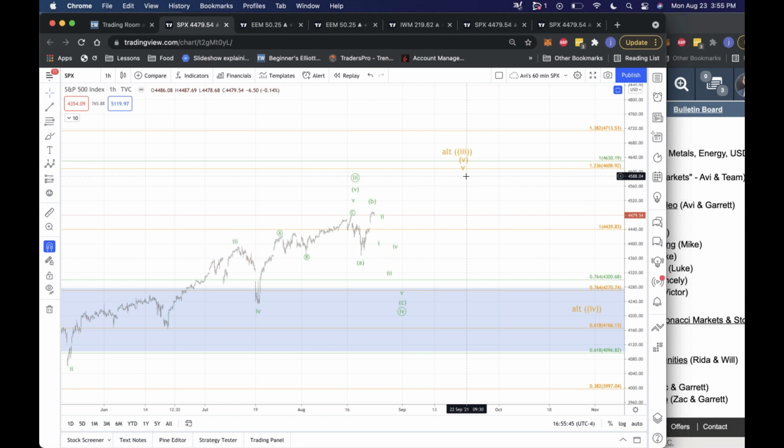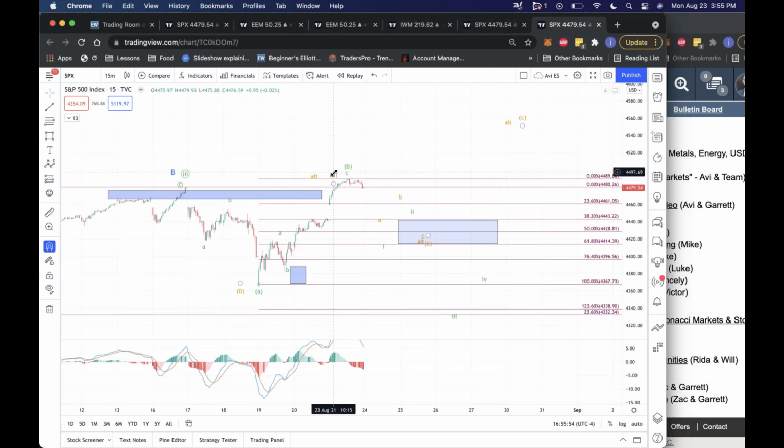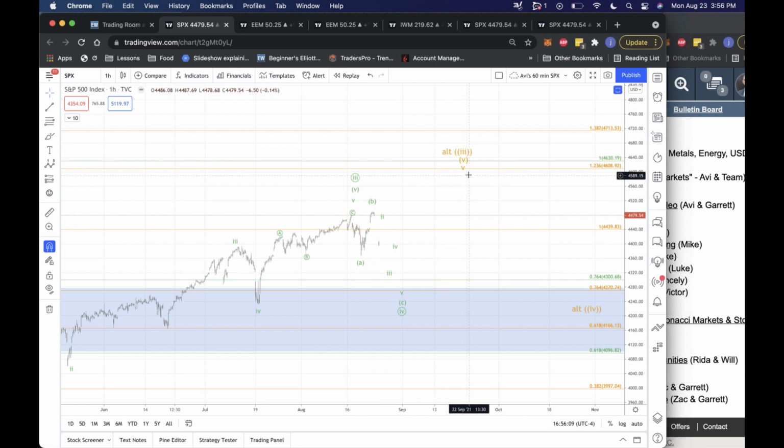And so in this case, we're really working with the larger degree fibs, at least until, for example, we get this pullback and then we get this corrective pullback as the yellow count portends, and then we get a wave 1, 2 up of the C wave, that will allow us to start forming some confluences with the larger degree.